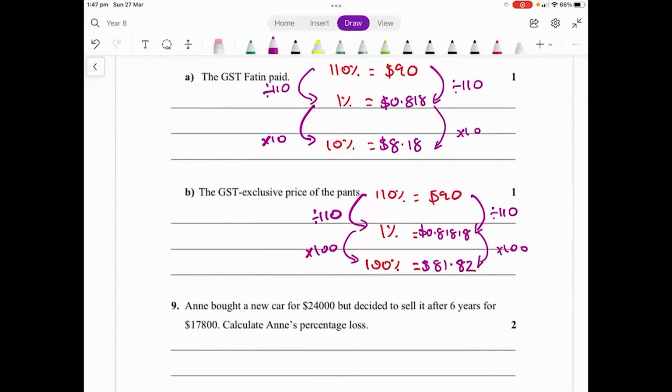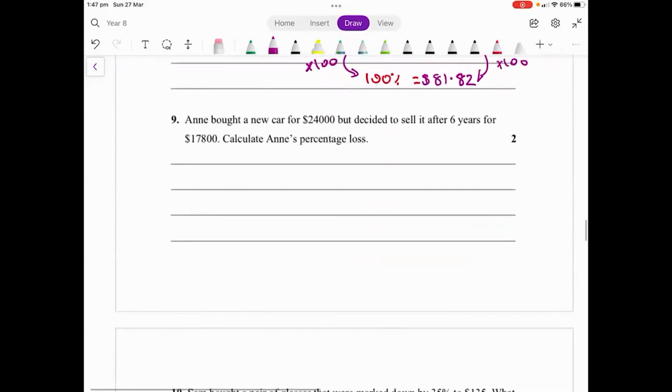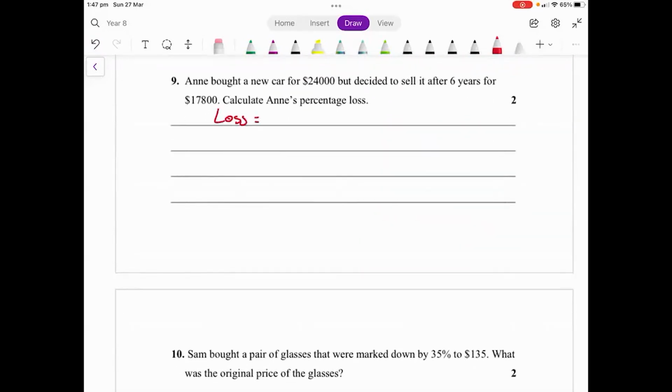Question 9. Anne bought a new car for $24,000, but decided to sell it after 6 years for $17,800. Calculate Anne's percentage loss. Before we can do that, we need to calculate how much money she actually lost. So we do the purchase price, $24,000, minus the sale price, $17,800.